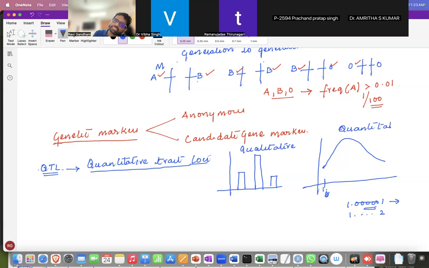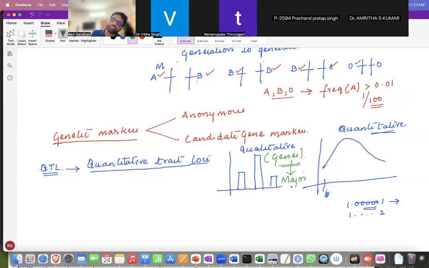Now, having said that, normally qualitative traits are governed by genes that are specific to that particular trait. One particular gene defines a qualitative trait, and these genes that define a qualitative trait are called major genes.